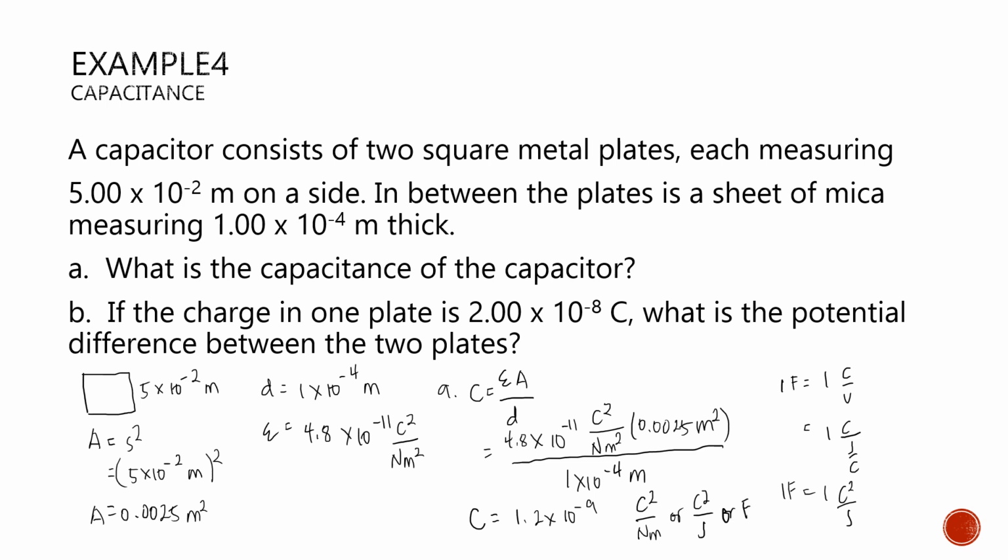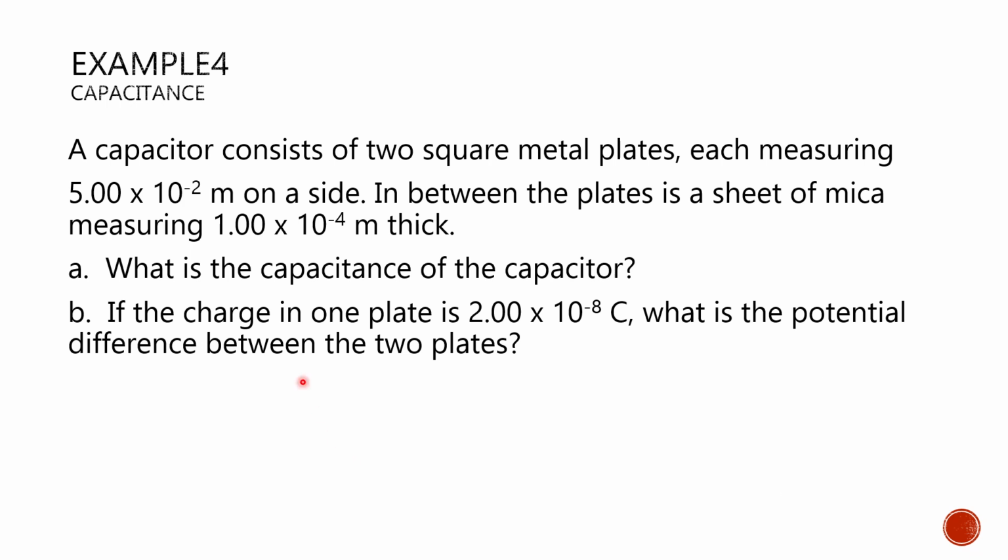And for letter B, the charge in one plate is 2 times 10 to the negative 8. What is the potential difference between the two plates? Q is 2 times 10 to the negative 8 coulombs. Capacitance is charge over potential difference, or you can just write V instead of delta V, that's fine.